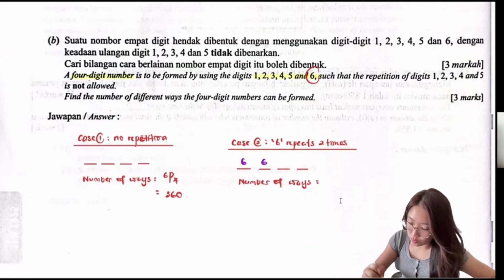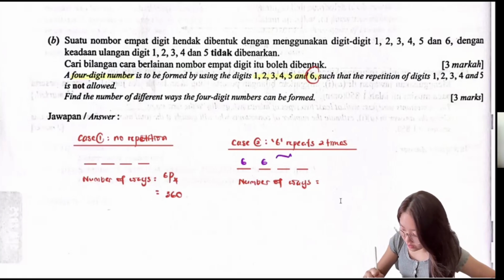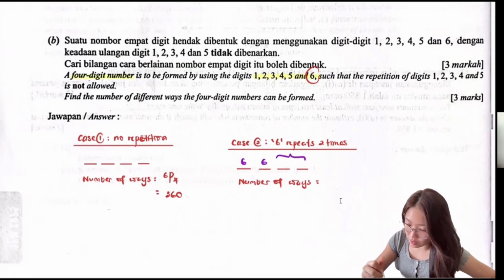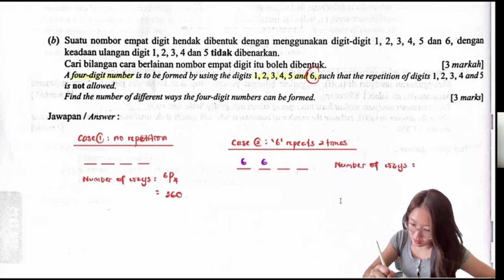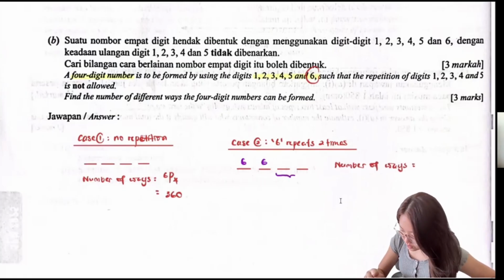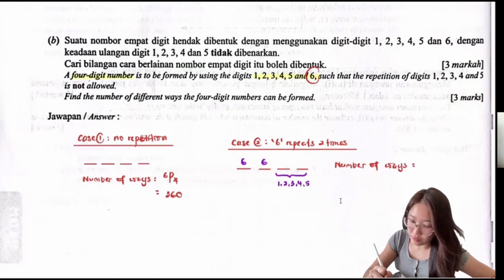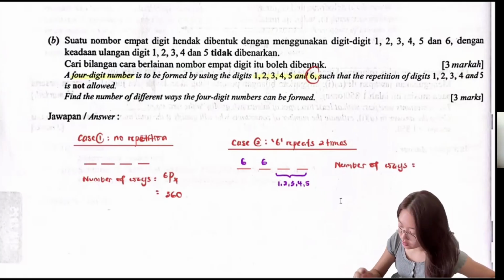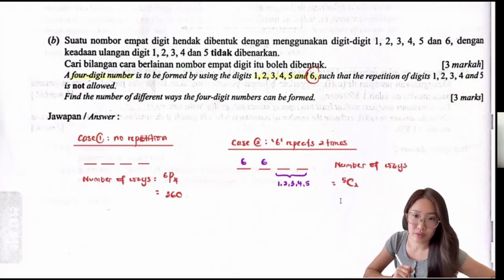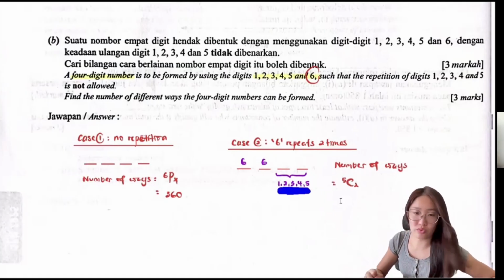And then the leftover 2 boxes here, it can only be what? The 2 boxes over here, you can put any number, 1, 2, 3, 4, 5. Okay, guys, from the 5 numbers, you select 2 numbers out first, 5C2. Don't care what number you choose, any 2 from here.